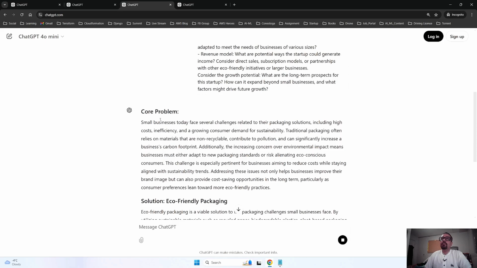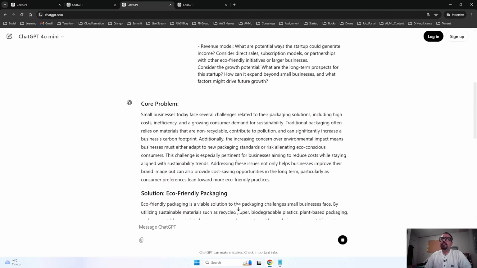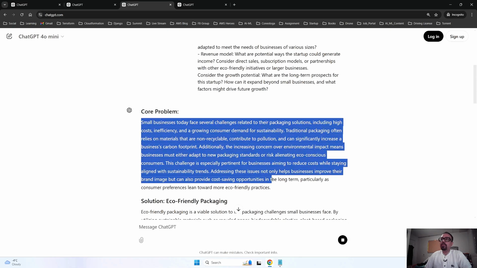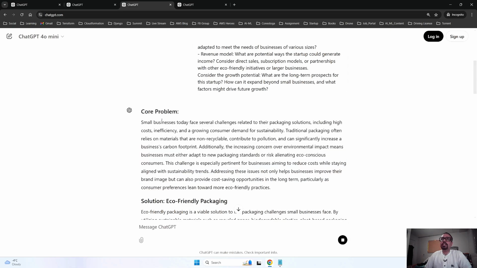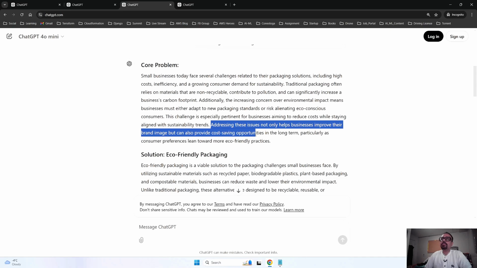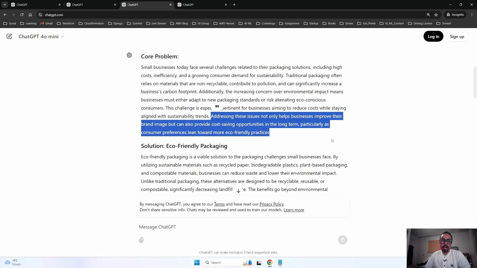So guys, see the power of chain of thought, each and everything is so well structured. First, it is understanding the core problem, that small businesses today face several challenges related to their packaging, including high demand. It is saying addressing these issues is not only helping businesses improve their brand image, but can also provide cost saving opportunities in the long term, particularly as consumer preferences lean towards more eco-friendly practices.